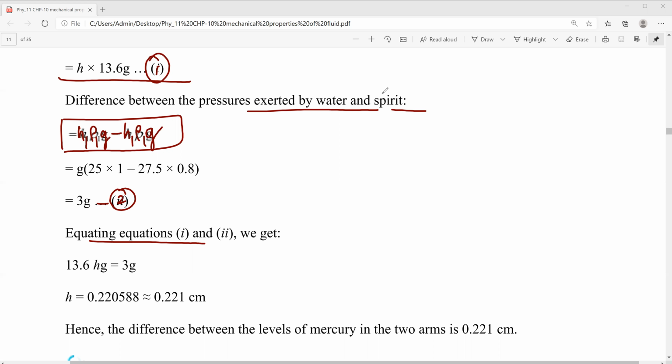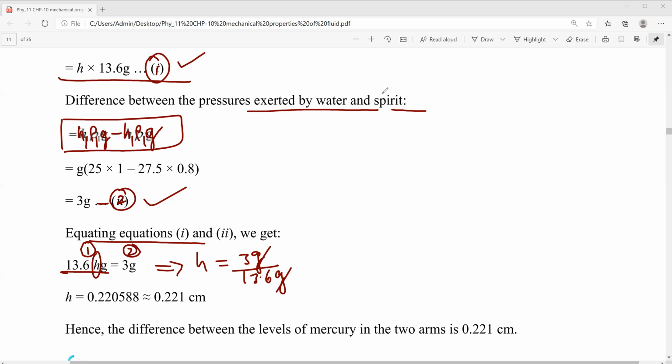Equating equation 1 and 2. This is equation 1 and this is equation 2. So equation 1 is 13.6 H G and equation 2 is 3G we got. So from this we need to calculate H value. Keep H here, remaining term bring here. So H value is equal to 3G divided by 13.6 G. G gets cancelled, 3 divided by 13.6.